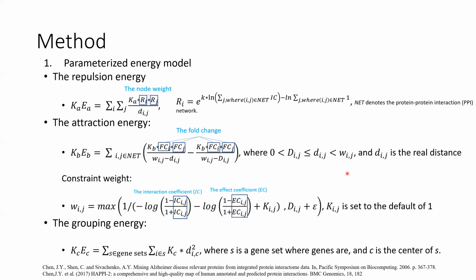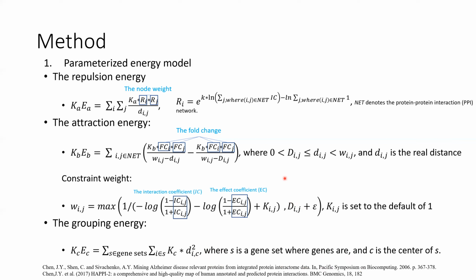In the upper bound constraint weight, we have the interaction coefficient and the effective coefficient. The interaction coefficient can be measured by the reliability of the edge in the protein-protein interaction network using a statistical model, such as the PPI score in the HAPPI database we mention below.